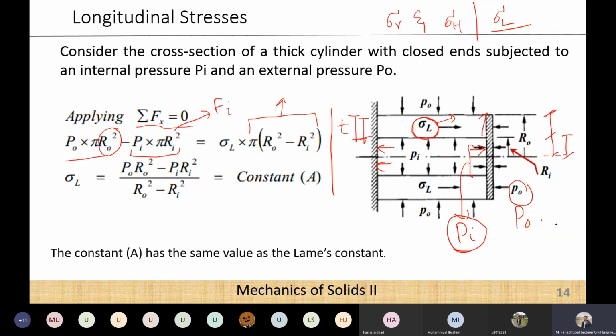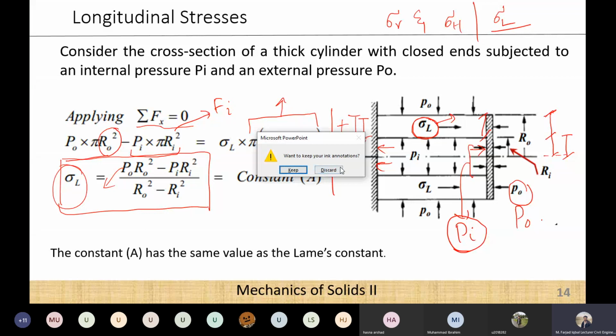If I rearrange this expression, I get the longitudinal stress: sigma L equals (Pi Ri square minus P naught R naught square) over (R naught square minus Ri square). So if you know the internal radius and the outer radius, you can figure out the longitudinal stresses for a thick cylinder. So this is it from the derivation.